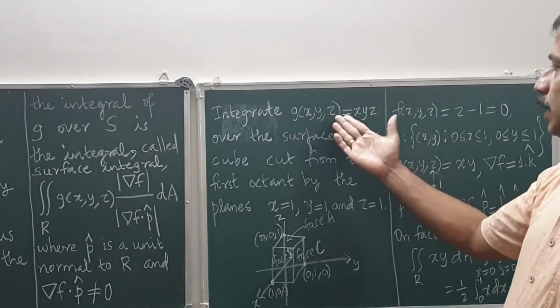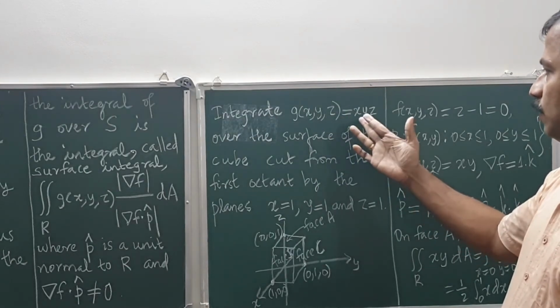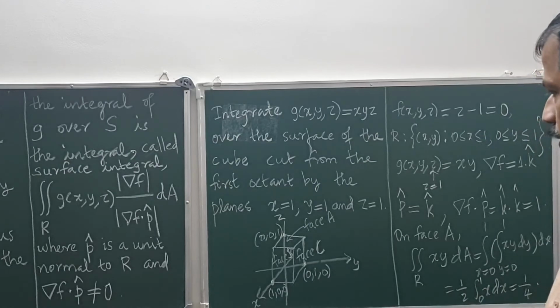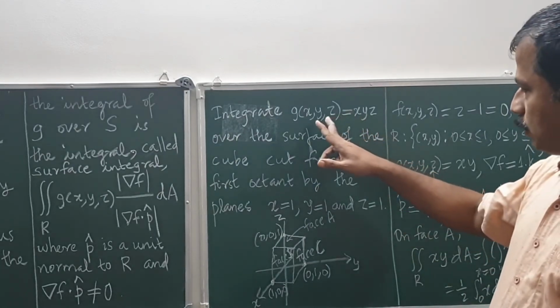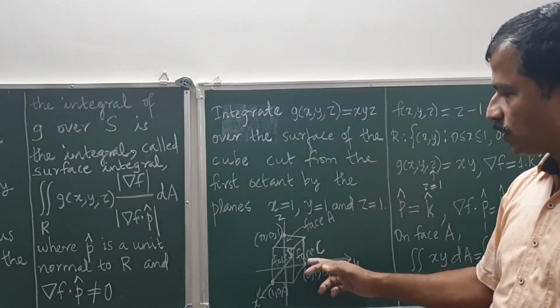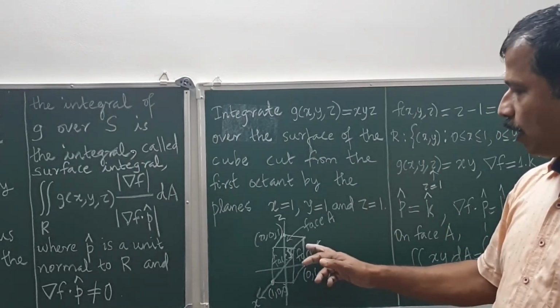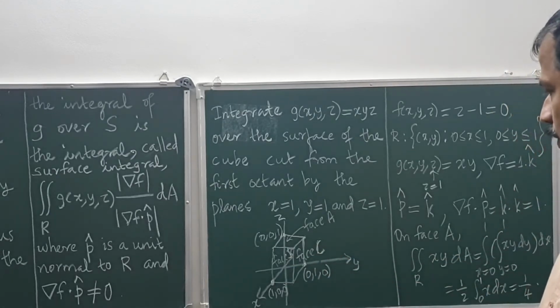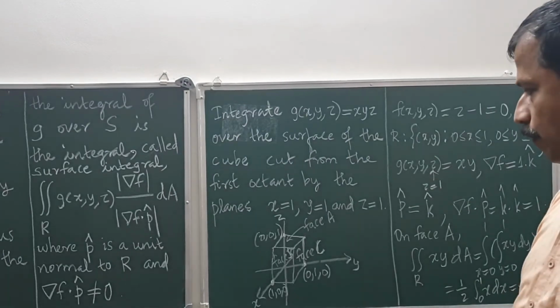Now our g is symmetric with respect to the variables x, y and z. So the same value for the surface integral will be obtained if we consider the surface integral along face B and also along face C. Those values will also be 1 by 4.